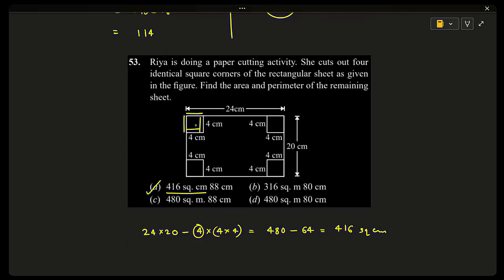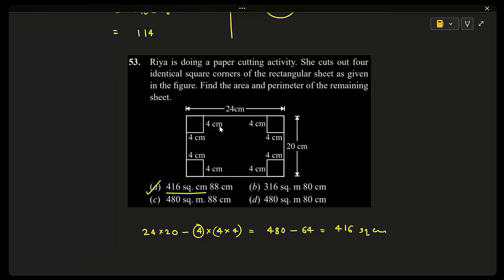Same thing repeated at every corner. That means how much distance is ignored in the perimeter, the same is added. So how much is the change? Same thing is getting added. That means there is no perimeter change between the overall rectangle and the remaining shape.